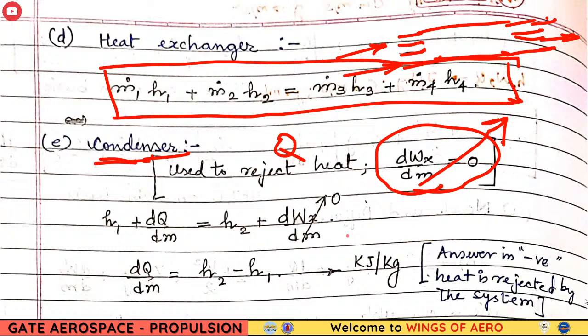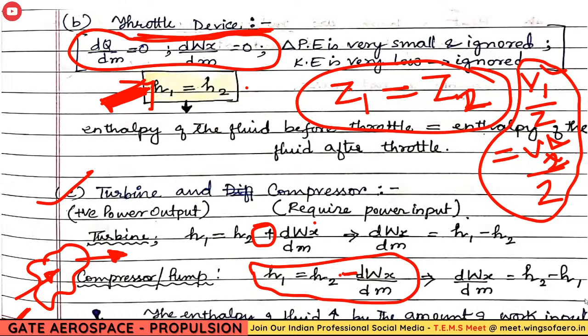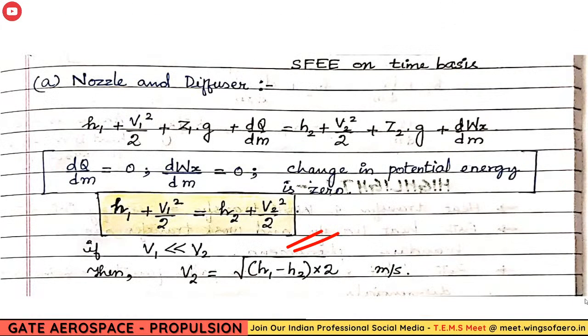The main concept you have to remember is what kind of consideration we are taking, what assumptions we are taking. So in the nozzle, what I've said, no heat is added. Yes. Can you explain condenser again, ma'am, please? Yeah, I will come back.